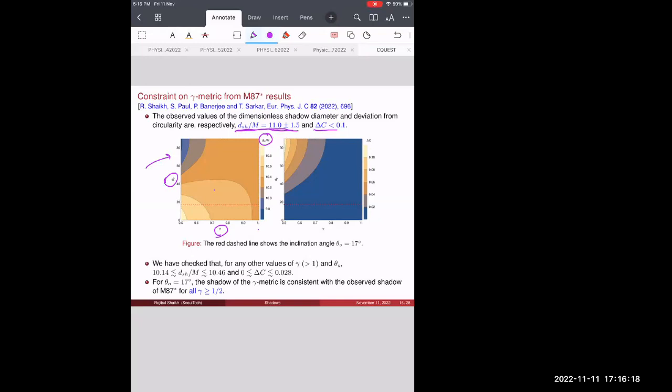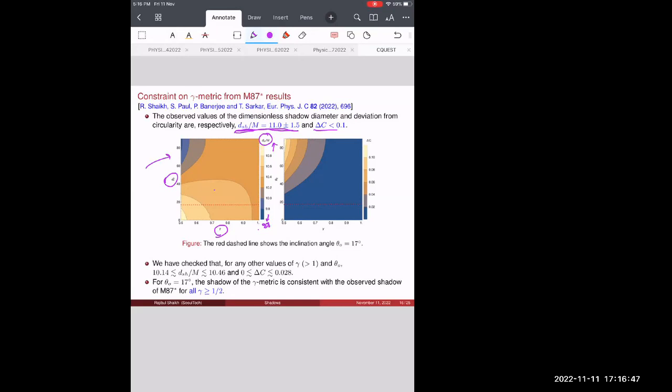From the lower side this is always greater than 9.5, and from the higher side it is below 12.5. So for all theta naught and gamma, as far as the dimensionless shadow diameter is considered, the shadow of the gamma metric is consistent with the M87 results.